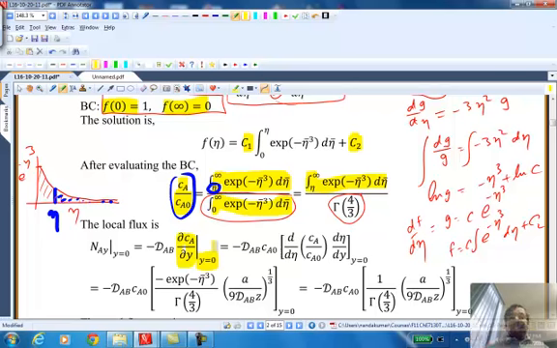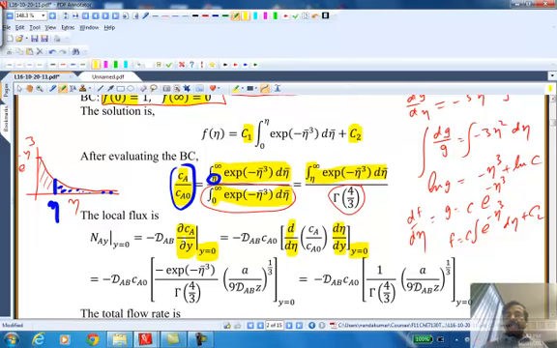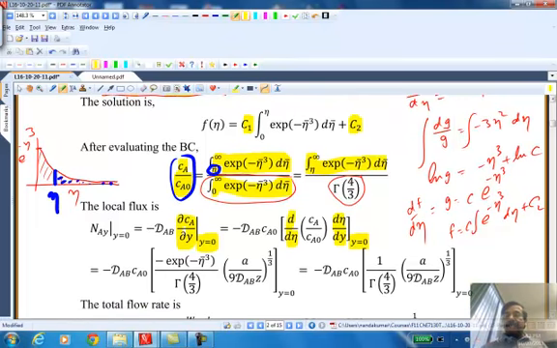That simply means apply the chain rule: dc/dy is dc/d eta times d eta/dy. Since I know eta as a function of y, I can take all these derivatives and evaluate them at y equal to 0. What I get, once again, is an expression for a flux that depends on z to the power of minus 1/3.